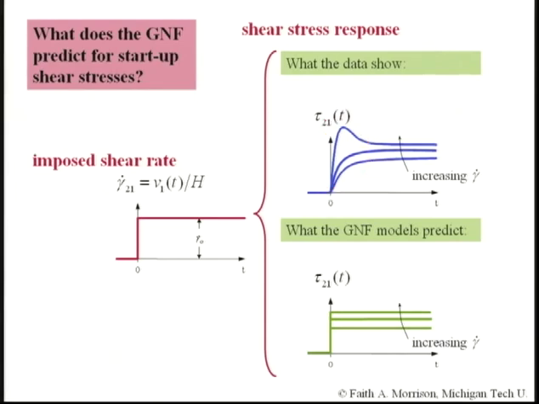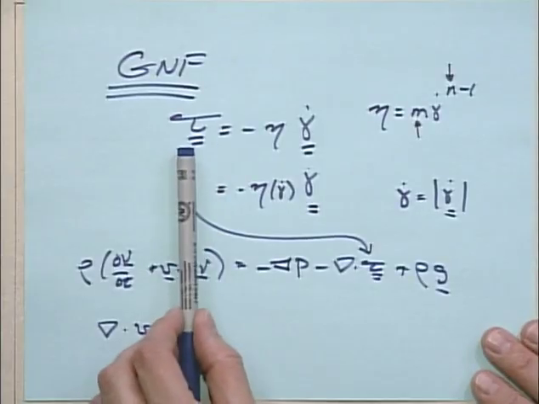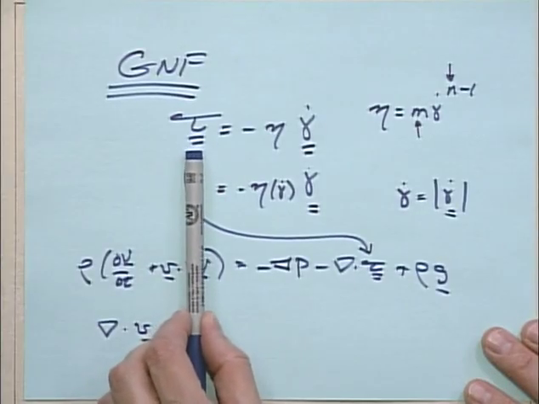The generalized Newtonian fluids are instantaneous. Whatever the rate is, the stress is instantaneously tracking it. So it will never say, step it up, but have this slight delay. Can't do it. And that's because, again, going back to the constitutive equation, this is the stress at time t.